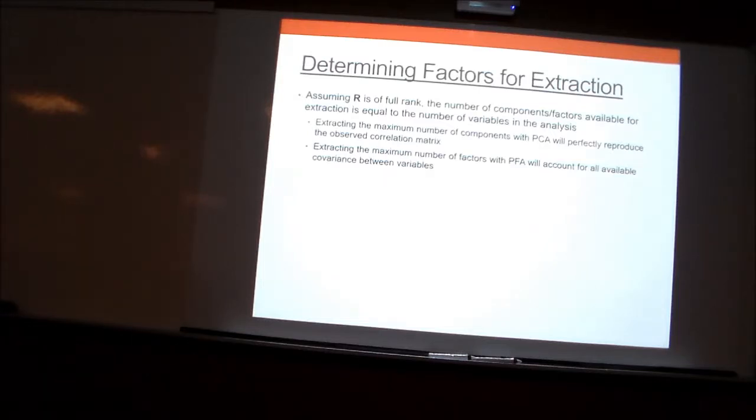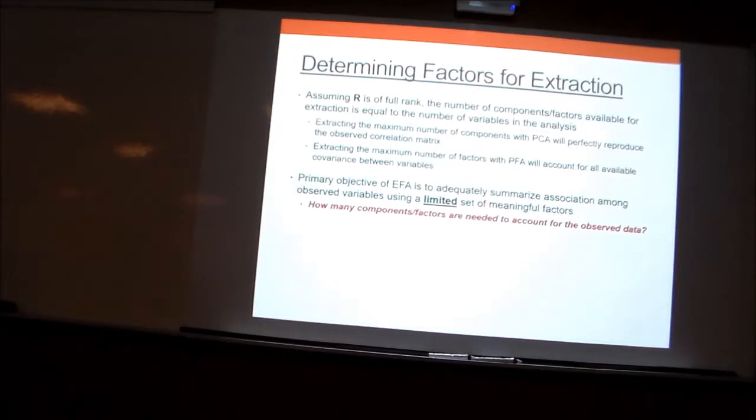And again, to stick this in your head, if we're talking about principal components, we're talking about an analysis of variance. If we're talking about principal factors, we're talking about an analysis of covariance, okay? But what we want to do is summarize our associations using a limited set of meaningful factors, right?